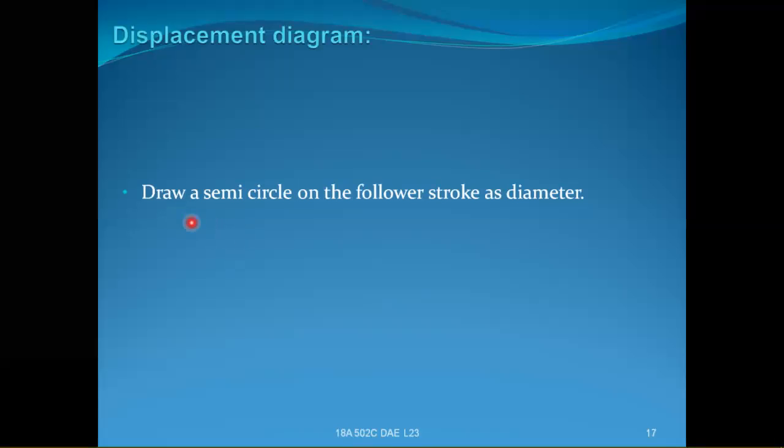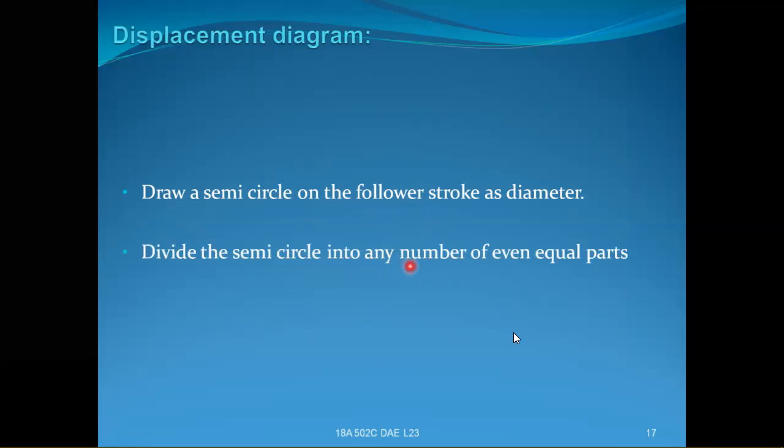And then on lift or displacement on y-axis, draw a semicircle by taking half of the lift as a radius. So draw a semicircle on the follower stroke as diameter. Divide the semicircle into any number of even equal parts.